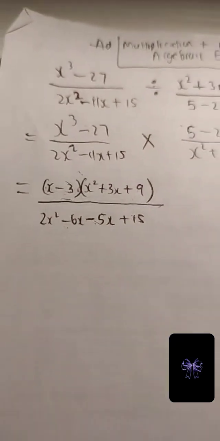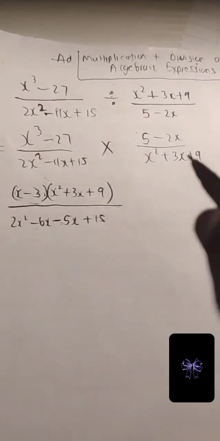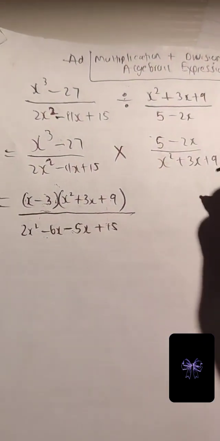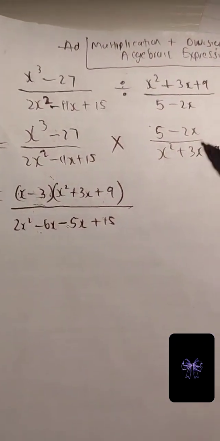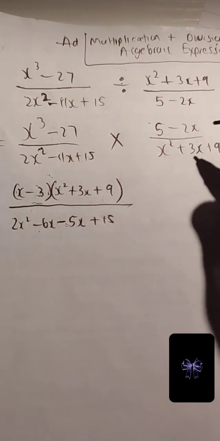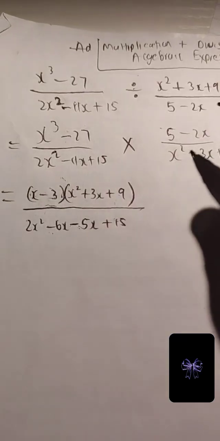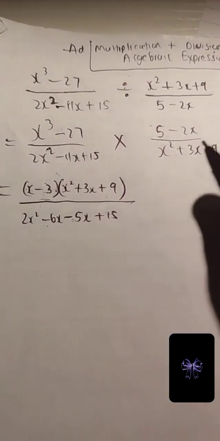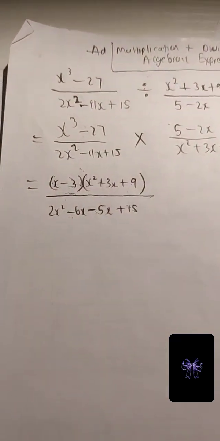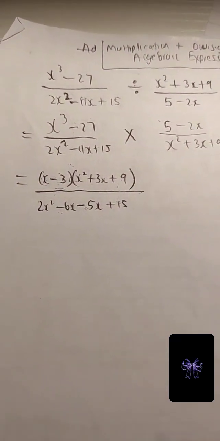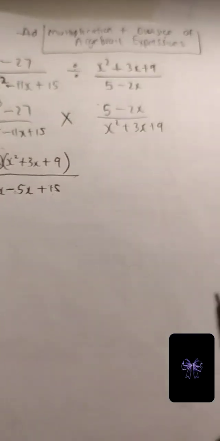You don't want to be making a mistake here, because that loss of marks is deadly. And now we can just say plus 15. Yeah, there we have it, plus 15.